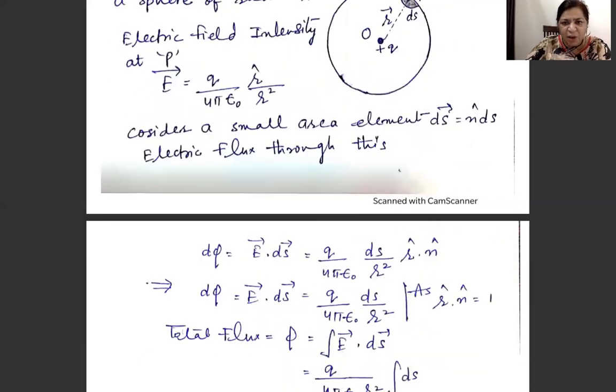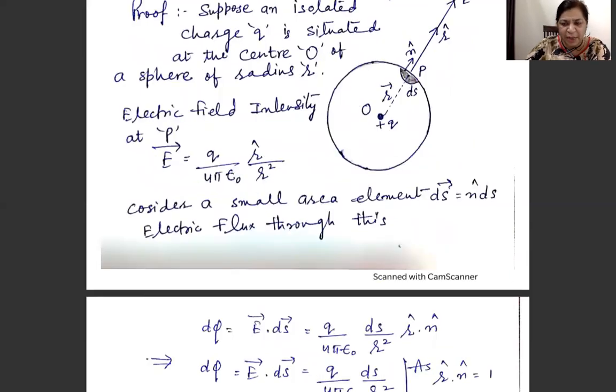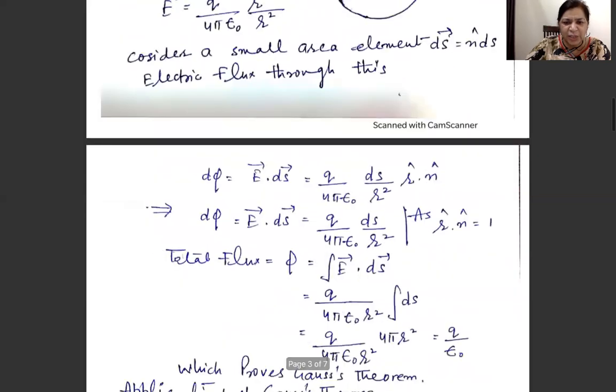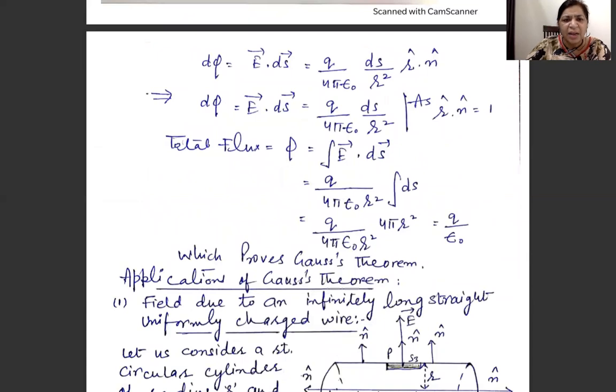Now consider a small area element ds. You can see here we have considered a small area element ds at P, and n cap is the unit vector that is perpendicular to that particular area. That's why we can say that ds is an area vector. So electric flux through this, by the definition of flux, we know that flux is equal to E dot ds.